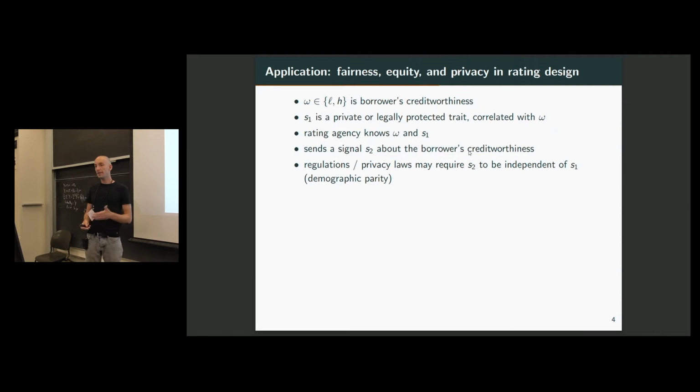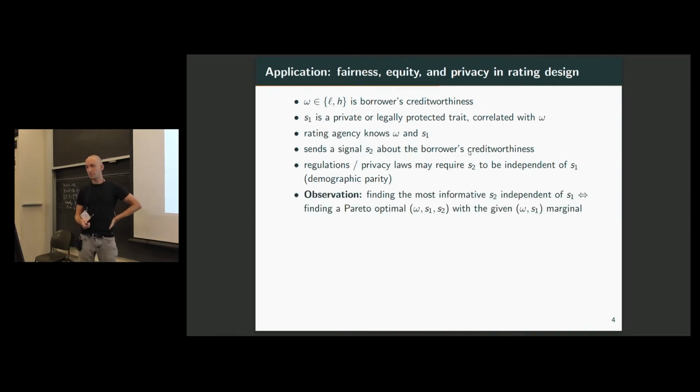But this rating agency can be restricted by some privacy laws that require S2, the signal about creditworthiness, to carry no information about this private trait S1. And this requirement is equivalent to what's called demographic parity in fair classification.